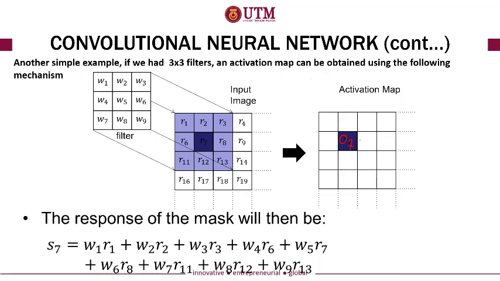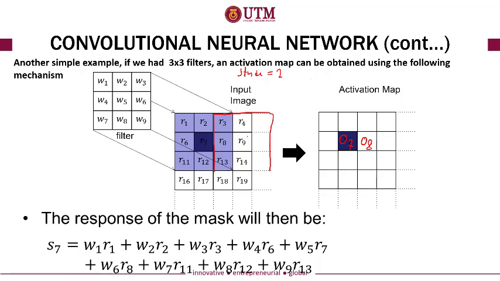To get my O8 over here, when I set my stride equal to 2, then to find O8 I need to convolve my filter over here with this area, because my stride now is equal to 2.